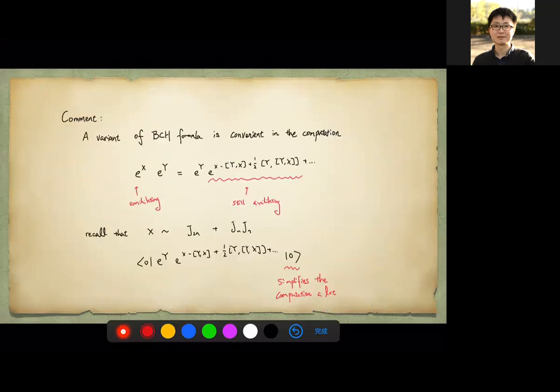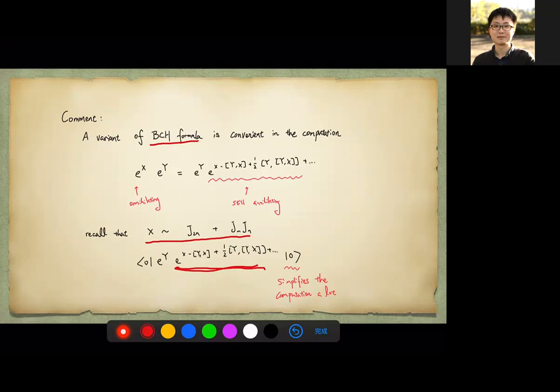One comment that is not really needed here is that there's a very convenient BCH formula that can be used in this calculation. Recall that the shoulder in the O vertex looks like this, and if we use a variant of the BCH formula, it's very easy to do the computation with this O vertex.